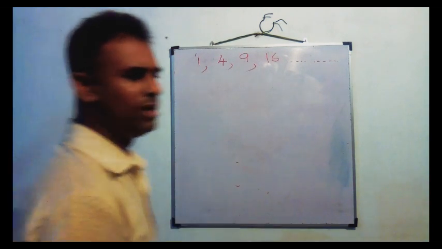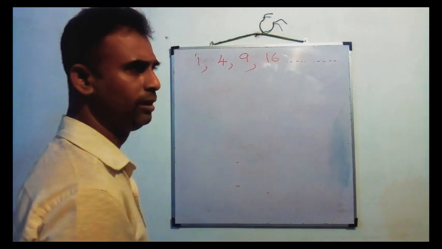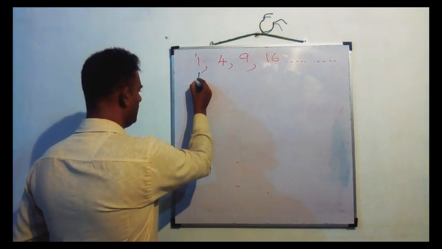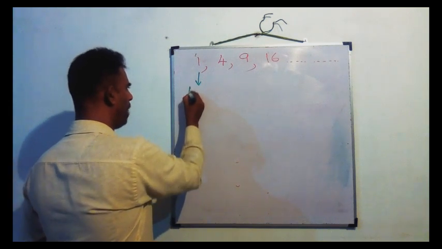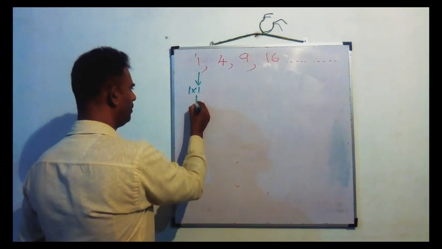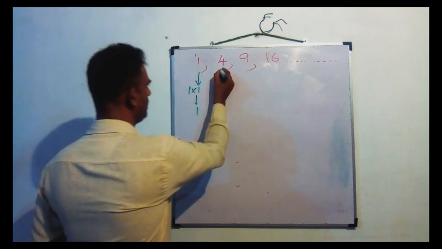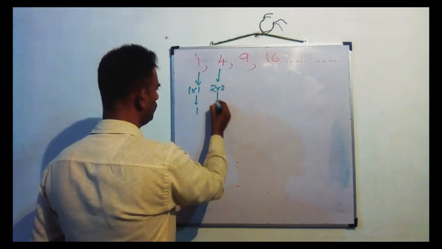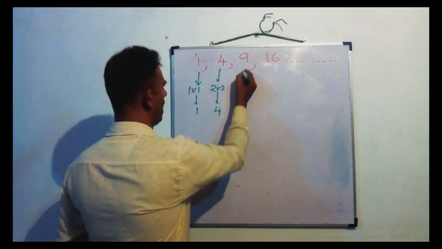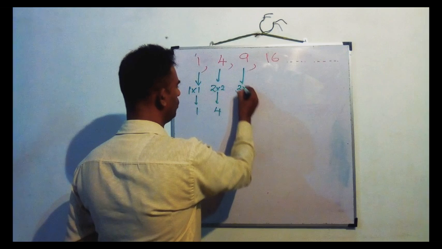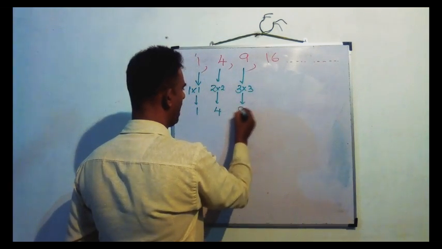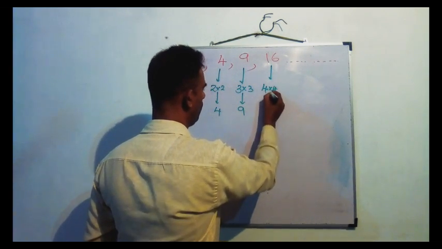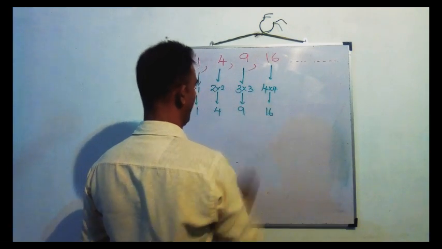Now we want to identify this pattern. I can identify this number pattern like this. 1 into 1, 1. 2 into 2, 4. 3 into 3, 9. 4 into 4, 16.